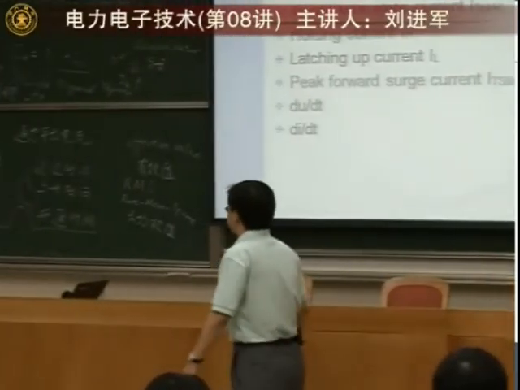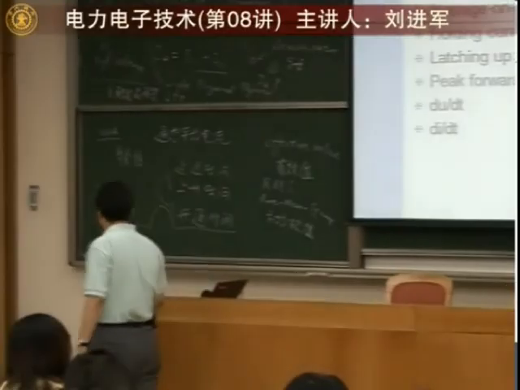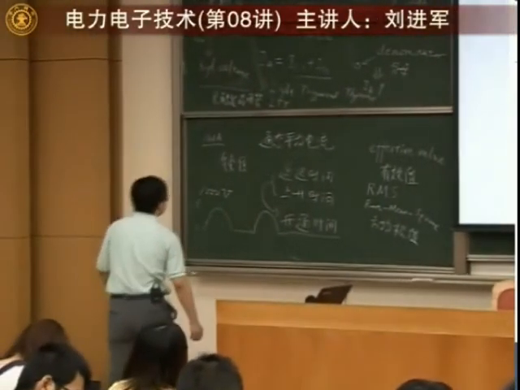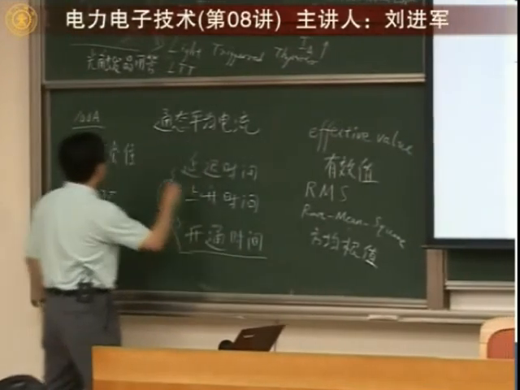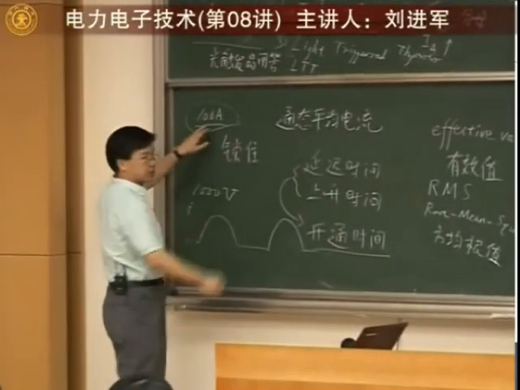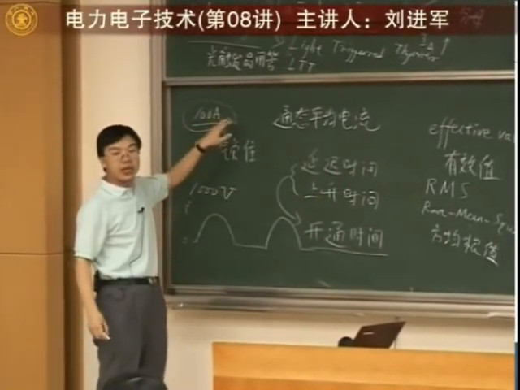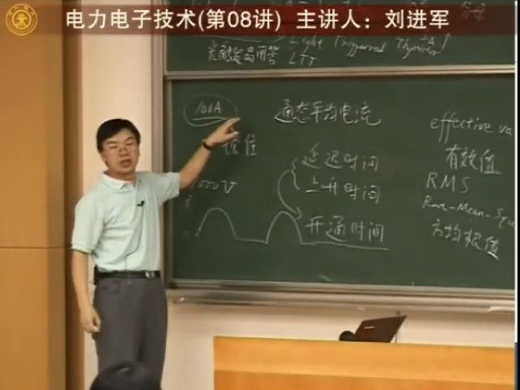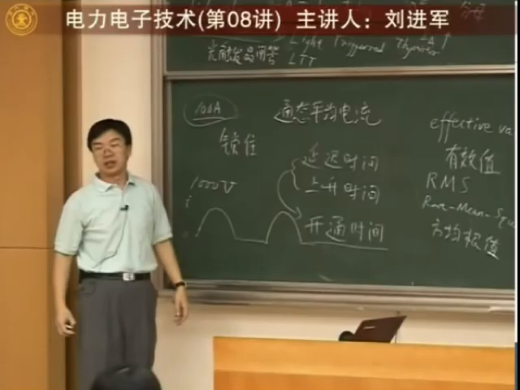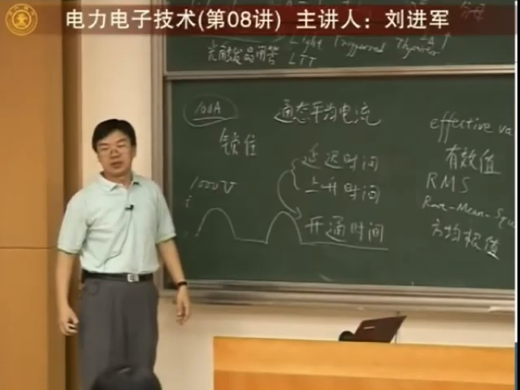Okay? Then that means what? That means based on this average on-state current, let's say if it is 100 amp, you have to calculate how much effective value a thyristor can sustain. Okay?